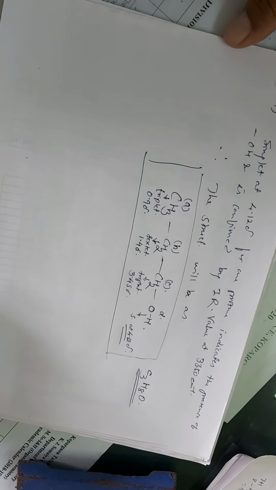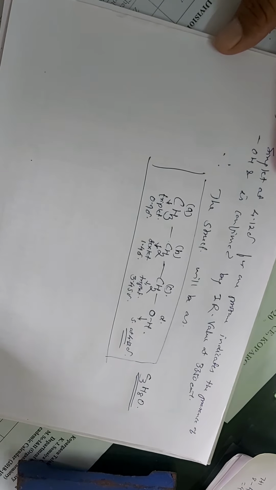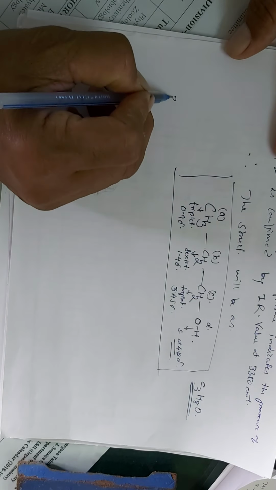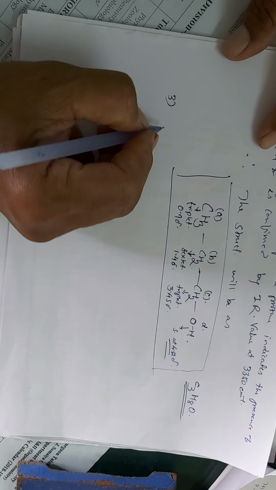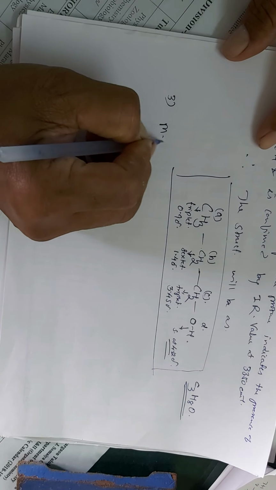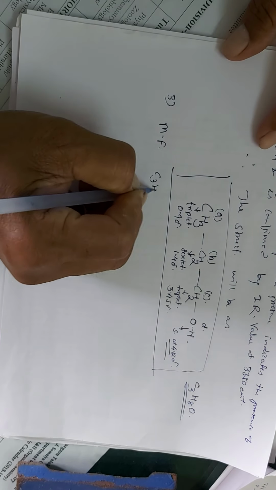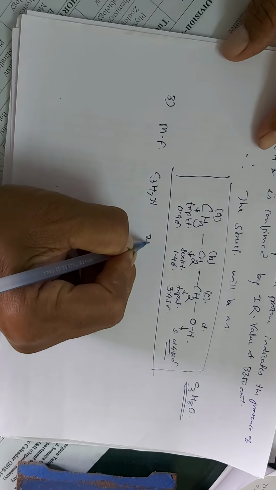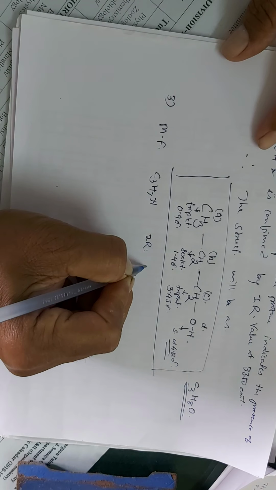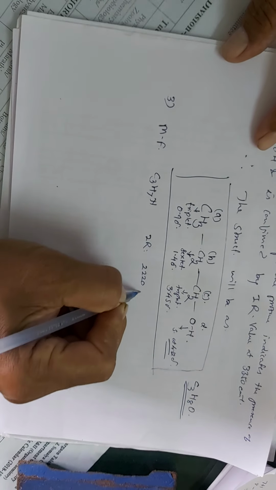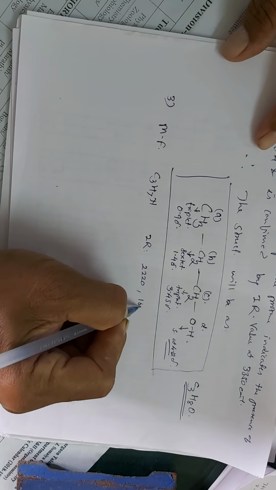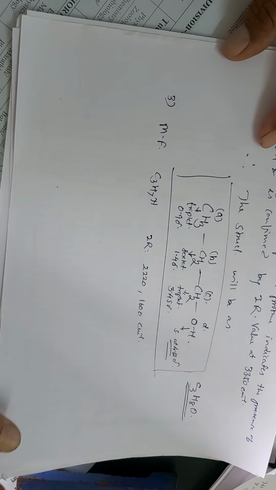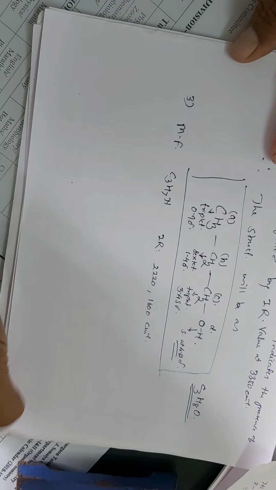Now we will turn towards the next problem, that is problem number three, the compound having the molecular formula C3H7N, where the IR data is at 2220 and 1600 reciprocal centimeter. So now see, we have studied the IR spectroscopy also, the NMR spectroscopy also.